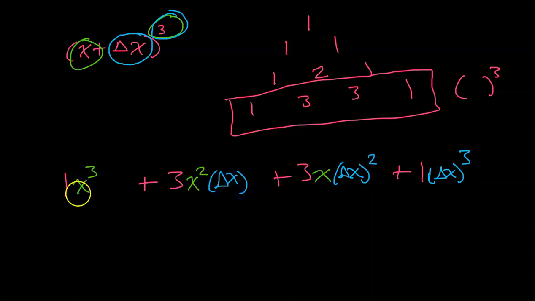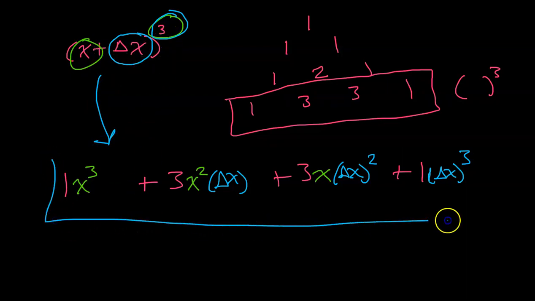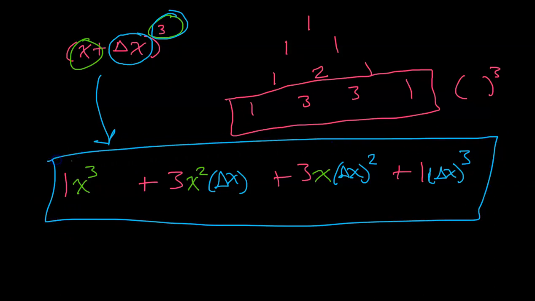All right, the last term doesn't get anything. And boom, this is it. In just 30 seconds, I simplified the expression x plus delta x to the third power, and here it is. All right, that's quicker than distributing and distributing again. So I'm just going to copy all of this back into the problem.